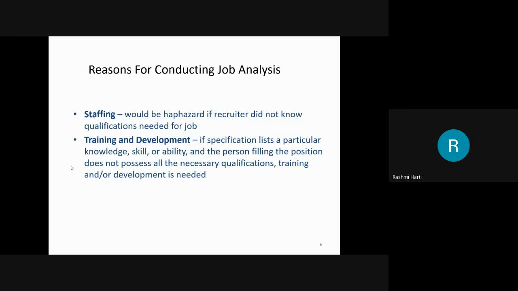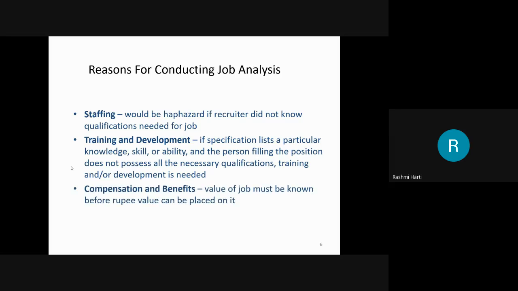If he doesn't possess that skill and ability, then obviously you have to train that employee in the required knowledge, skill, and ability. If he already possesses the same KSA, knowledge, skill, and ability, then you have to think of the development needed for that person. So in that case, job analysis is very much required.